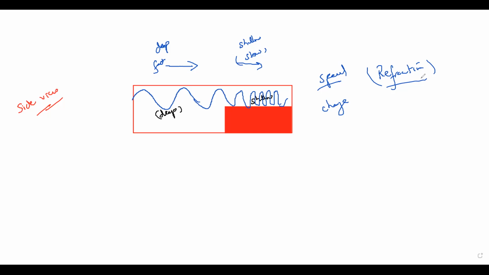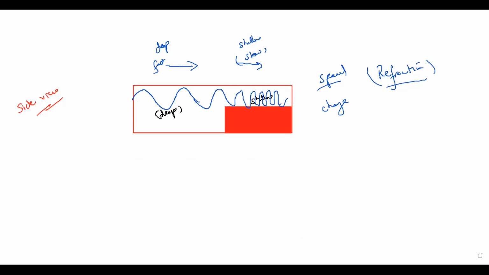As they enter a shallow region, the wave speed decreases, so they come closer to each other, and we call this property of a wave to change the speed when traveling from one place to another refraction.